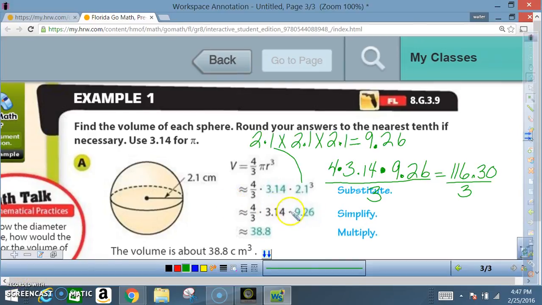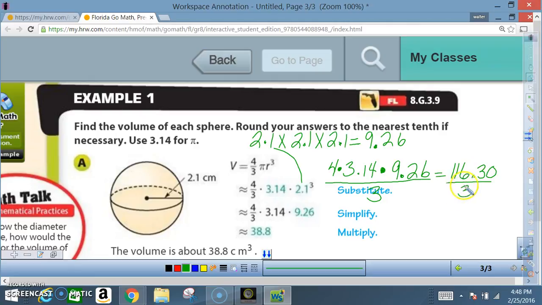It's 4 times 3.14 times 9.26 divided by 3. Well, 4 times 3.14 times 9.26 is equal to 116.30.